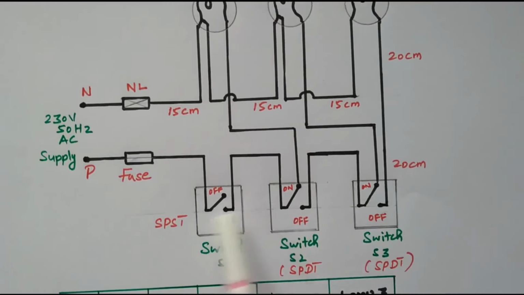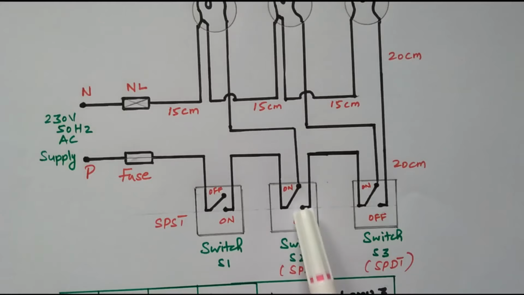Now we'll see what the connection is here. Switch S1 is SPST, single pole single throw. Only one pole is available, either on or off. If it is closed, on. If it is open, off. But switches S2 and S3 are single pole double throw. Double throw means here you can put it in on condition, or here in off condition.